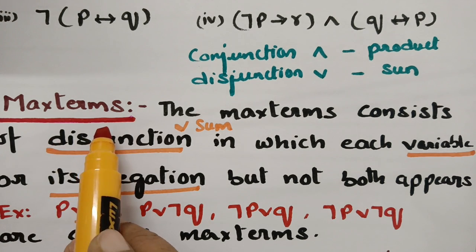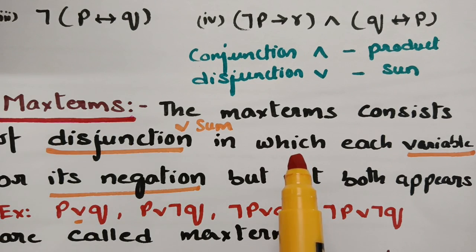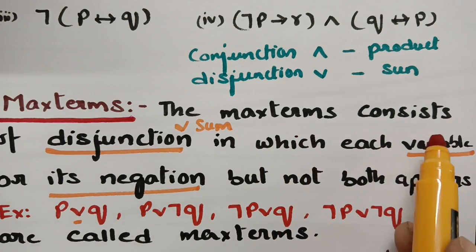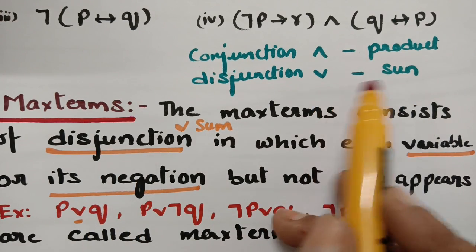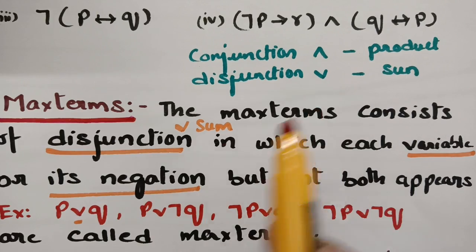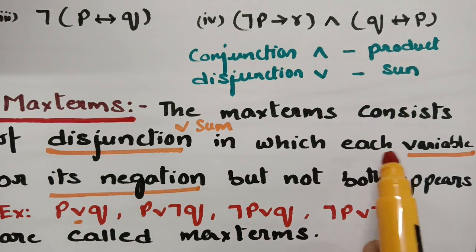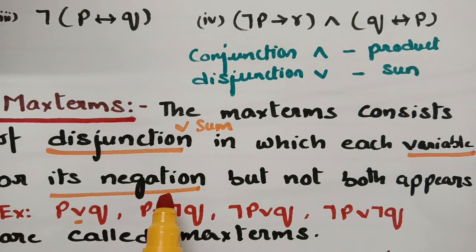So max terms. First of all, we have to take two propositions. The max term consists of a disjunction. Disjunction means the sum symbol here, the disjunction means or. Disjunction in which each variable or its negation, but not both, appears. If you take two variables P and Q, it is P and its negation, negation P, but not both.